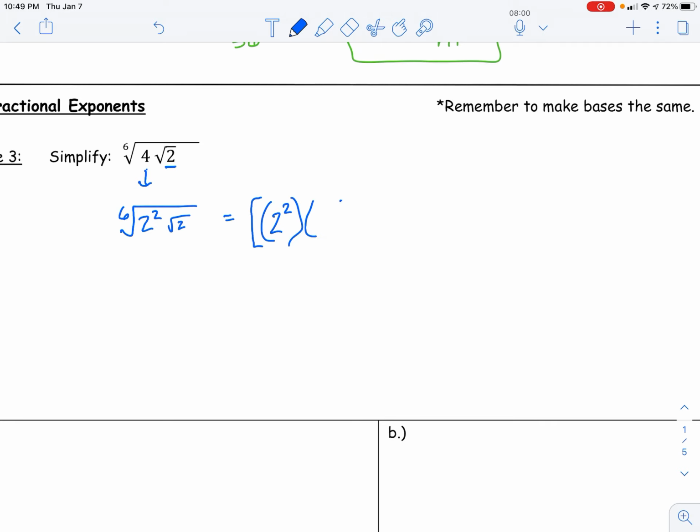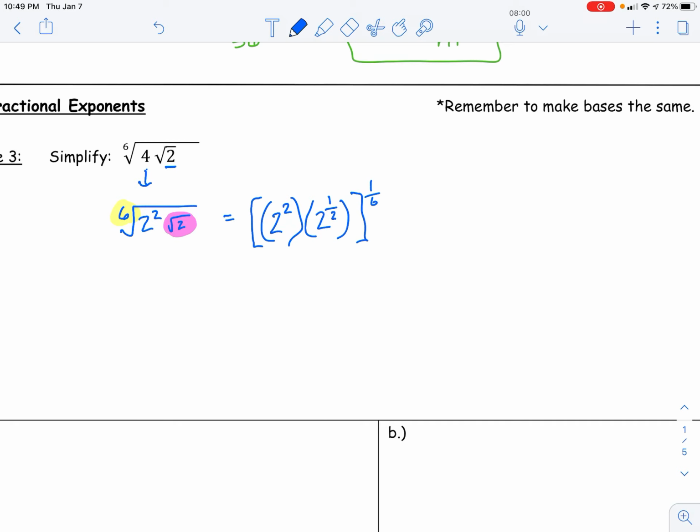I'm going to go this way so I don't run out of room. Okay, so I'm going to make my big brackets here, and I'm going to pull the 2 squared out. That's the first thing. 2 squared. And I'm going to put that one in parentheses because we're going to multiply that with this next one. Now I have to take this and rewrite it as a fractional exponent. So remember how to do that? That would be 2 to the 1/2 power. Now the whole thing is the 6th root of, okay?